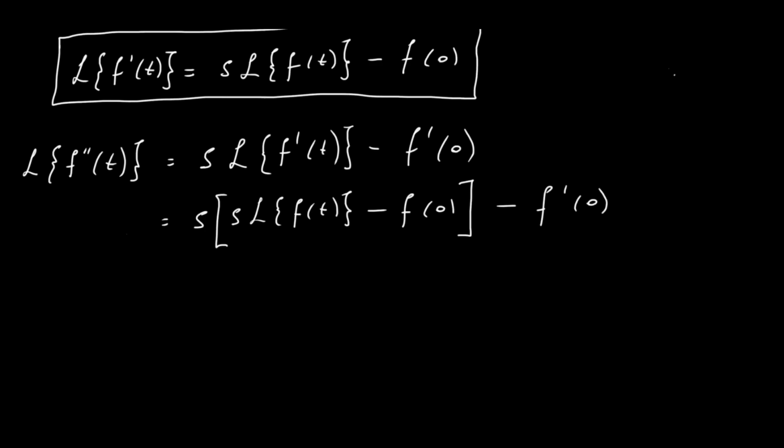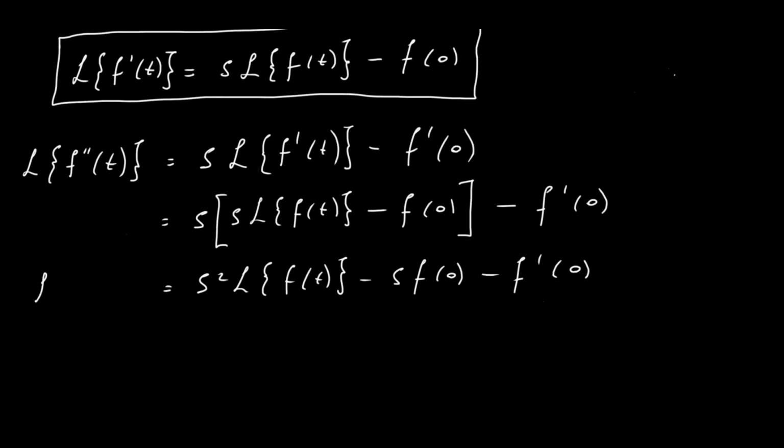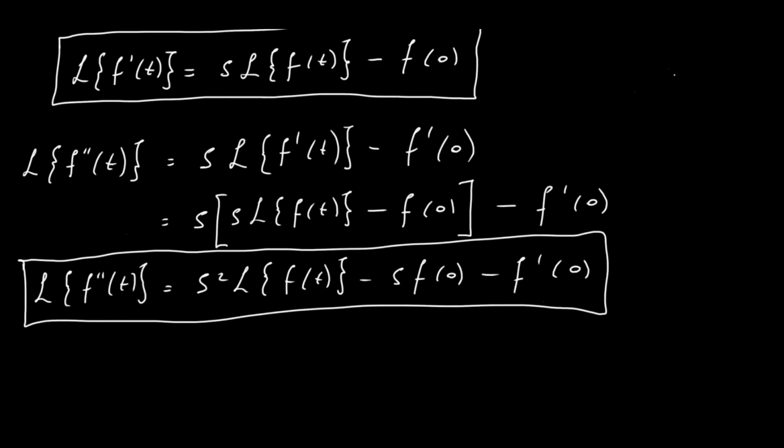When we multiply that out, we will get s squared times the Laplace transform of f of t minus s times f of 0 minus f prime 0. So this is the Laplace transform of the second derivative, the Laplace transform of f double prime t.